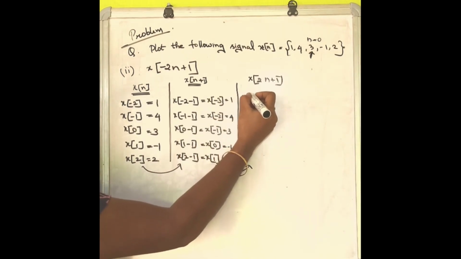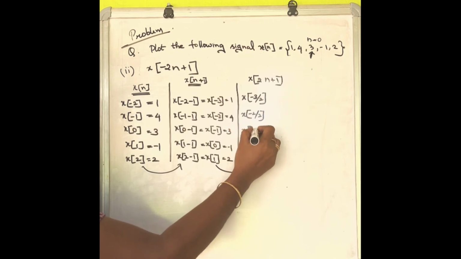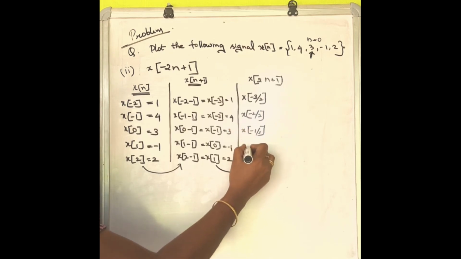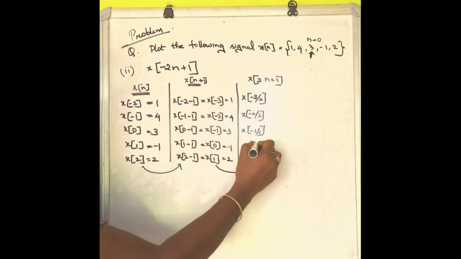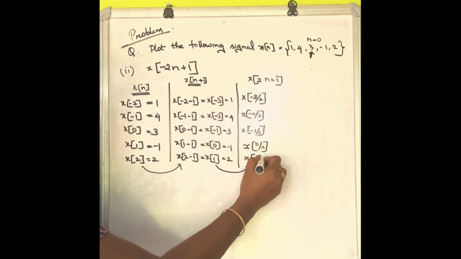So x of minus 3 by 2. X of minus 2 by 2. X of minus 1 by 2, x of 0 by 2, x of 1 by 2.